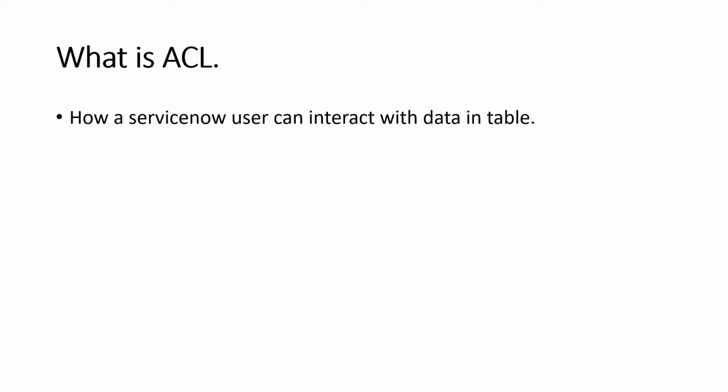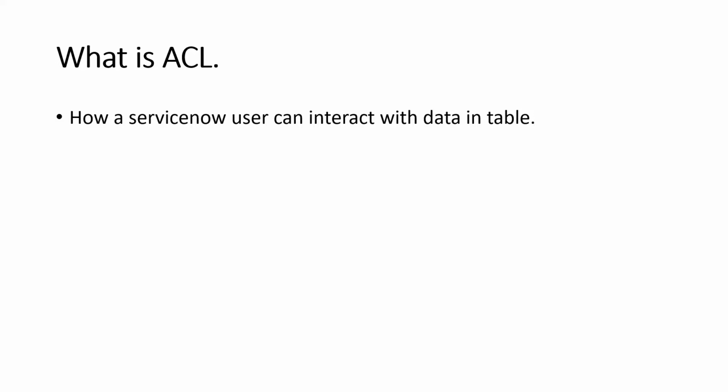So ACL determines in ServiceNow how users are going to interact with the data in a table. Previously we have seen how you can create a user. User creation is very important because with the help of user creation only, a user would be able to log into ServiceNow. That's the first security, you could say: you have to have an account and log in. Then you have seen the applications and modules that are available for you, which depends on what type of roles you have, right?